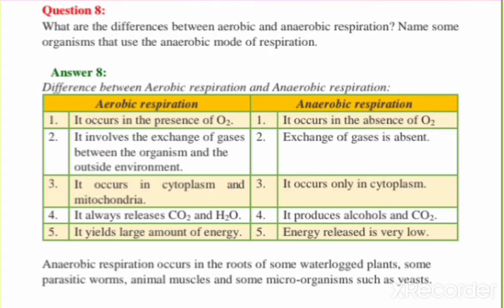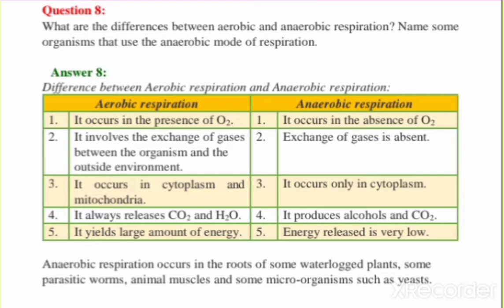Now the second point: it involves the exchange of gases between the organism and the outside environment. In aerobic reaction, as in our body, we take in oxygen and we exhale carbon dioxide.